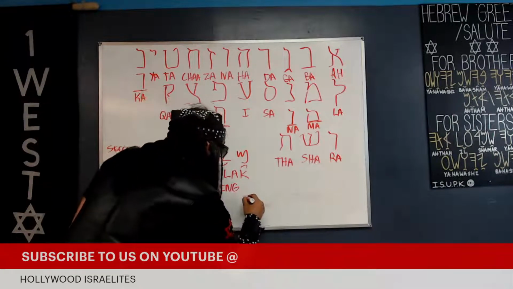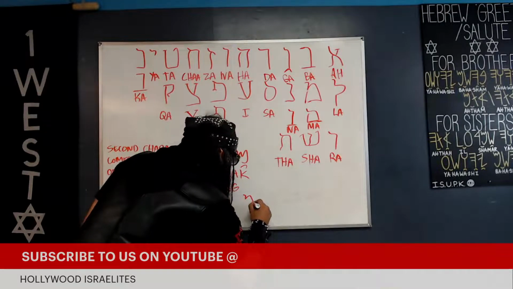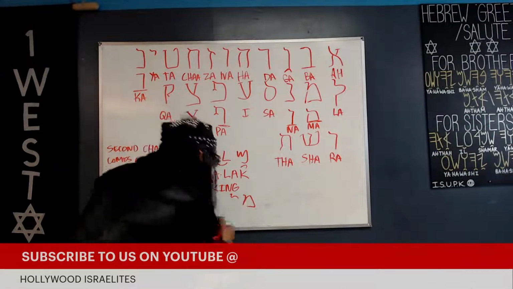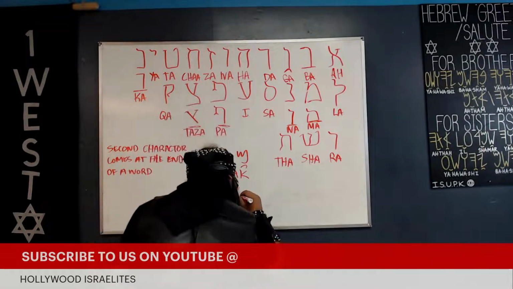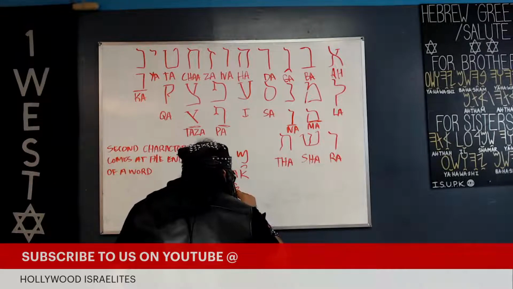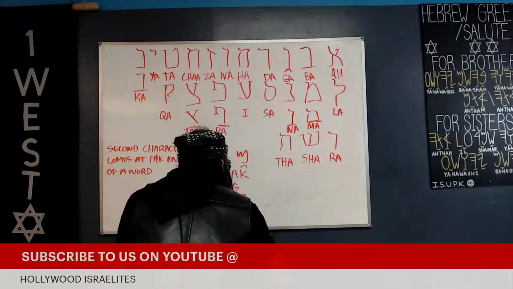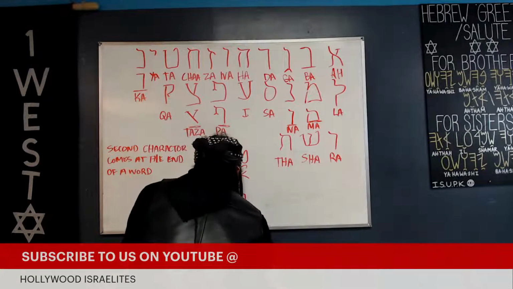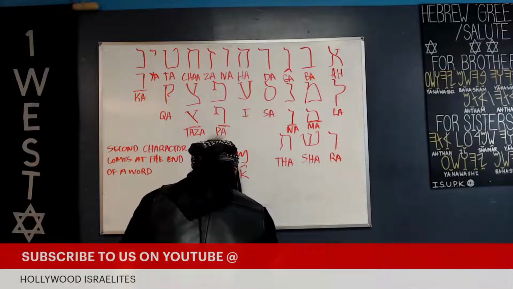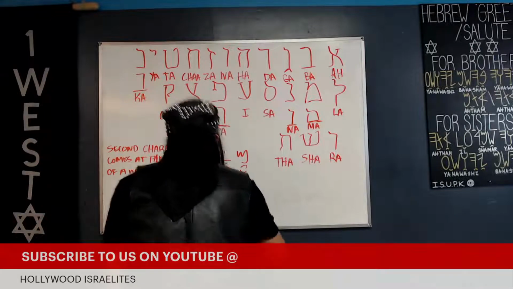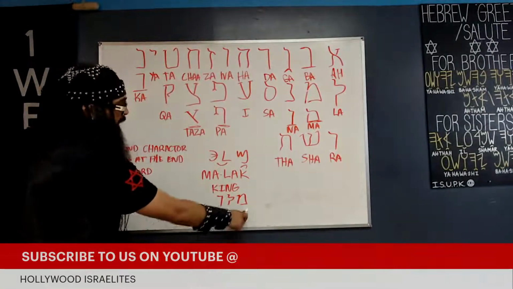So in the Assyrian, you have the ma and lak. Malak.